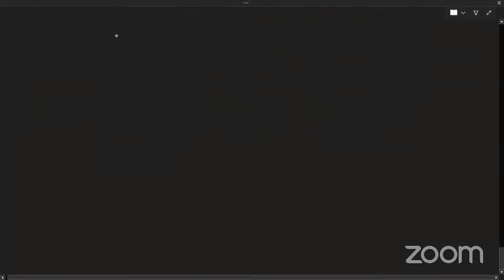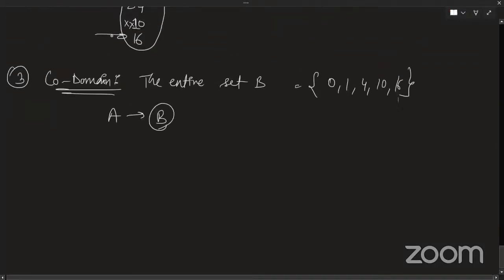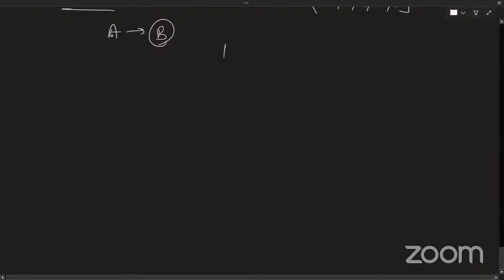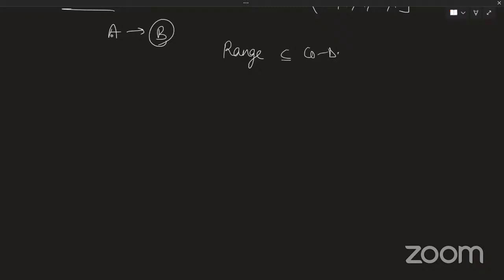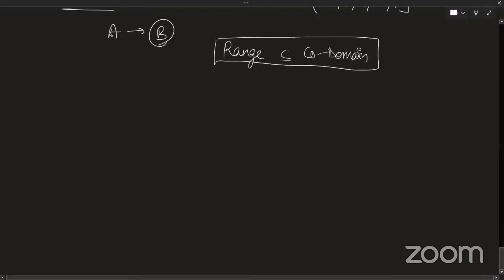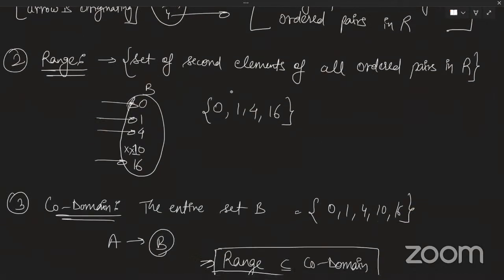One thing that I can clearly infer from here is that range is a subset of codomain. Range has to be, right? Why?